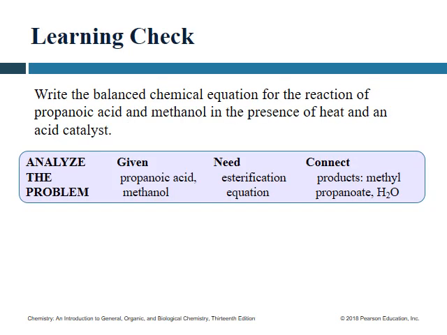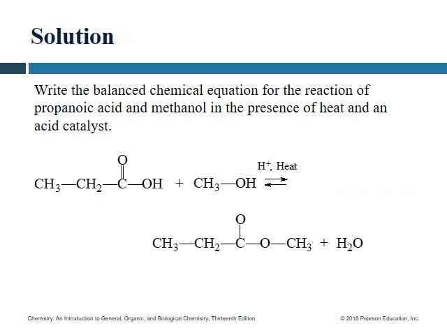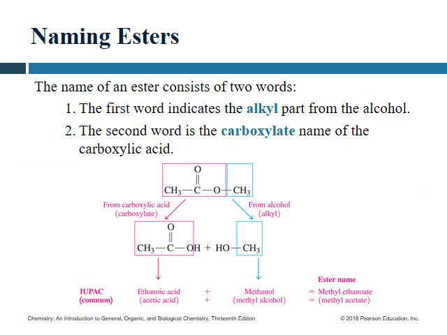Again, the answers are also in the slides. So the name of the ester consists of two words. The first word indicates the alkyl part of the alcohol, the part that comes from the alcohol. Like we saw, we break this right here after the carboxyl group. The second word is the carboxylate, which is name of the carboxylate acid ion.